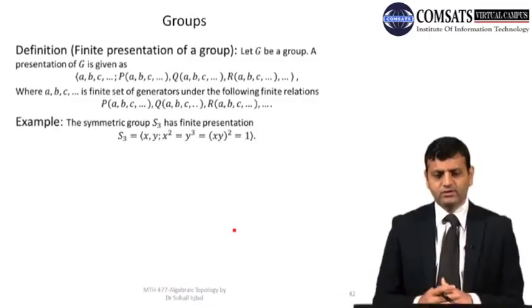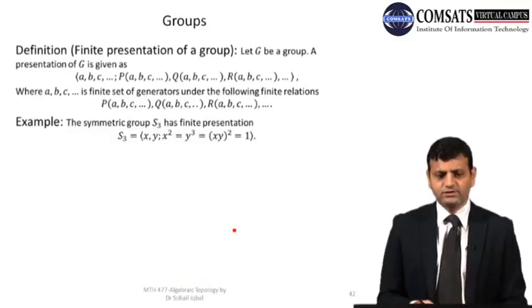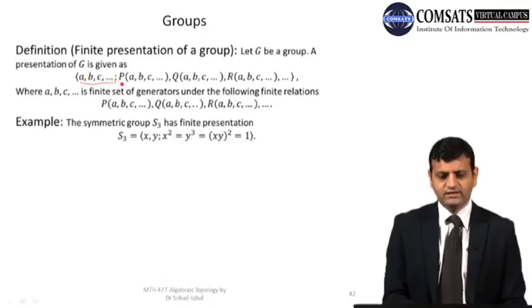Finite presentation. An important concept in group theory is finite presentation. We can represent a group using generators and relations. For example, a group G is finitely generated if a, b, c up to so on are generators, and these are the relations of the group.